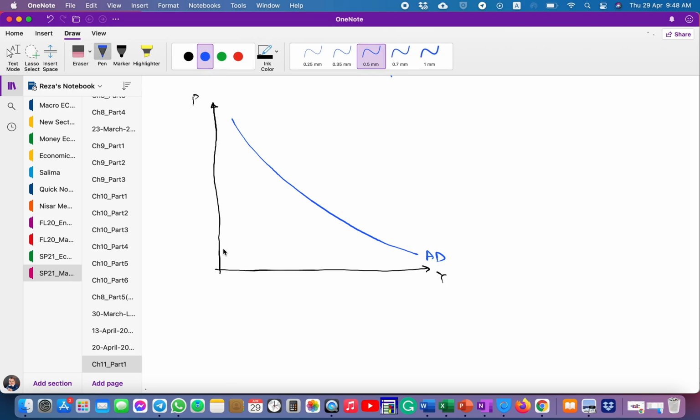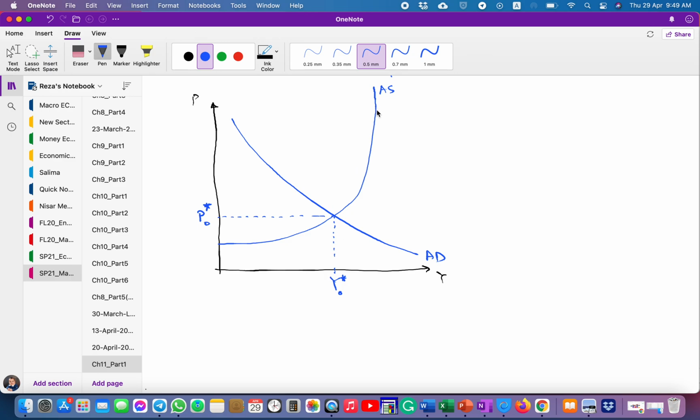The supply side of the economy is deciding like this. Okay, aggregate supply. So producers and the collective consumers will reach an equilibrium if we are having this much price and this much output.